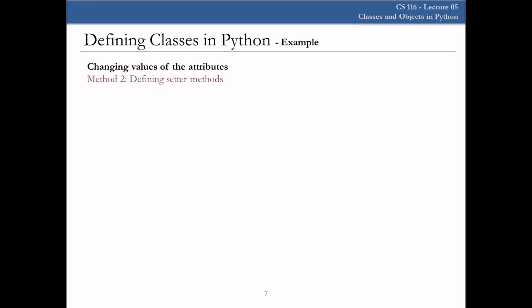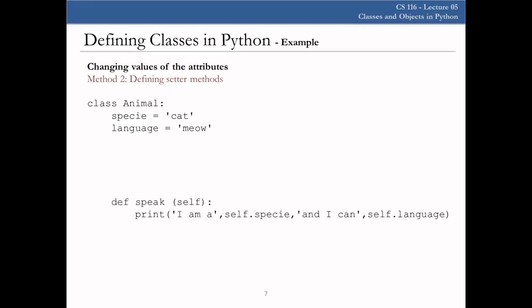Okay, now this is the code that we saw. Now let me define some setter methods here, two setter methods because I have two attributes. This first setter method sets the value for species. The first argument is self, which has to be self, and the second one is any value s passed by the user. Within this method, we'll just assign this s to species.